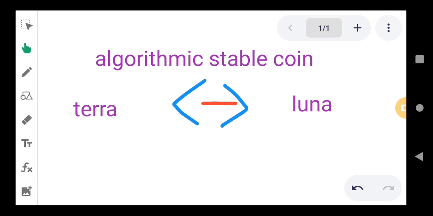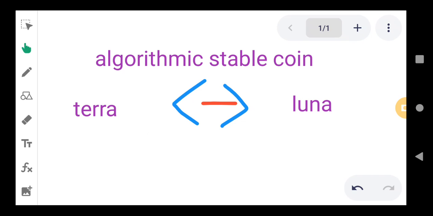Instead of people coming in to do the arbitrage and buy Terra, people are going to sell Terra, even though the exchange rate is less than $1, say at 95 US cents. They are losing faith in this particular pair of cryptocurrencies, Terra and Luna.